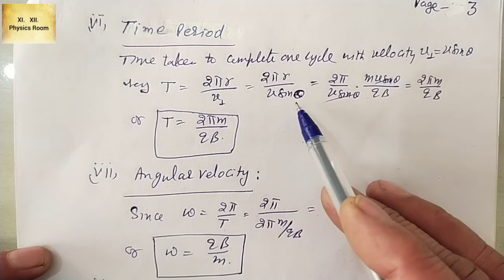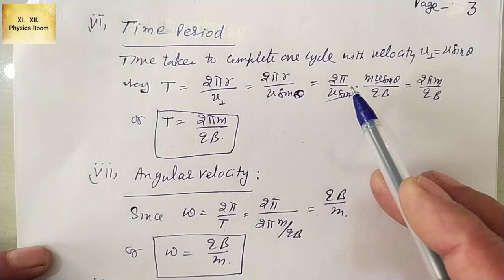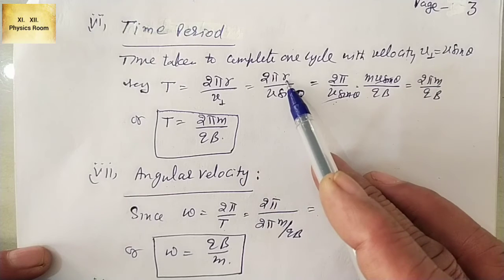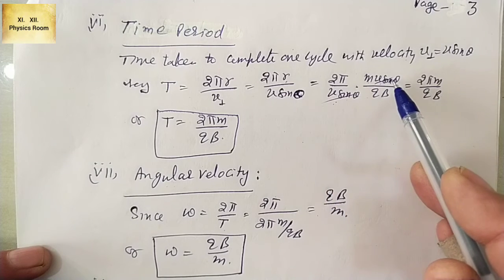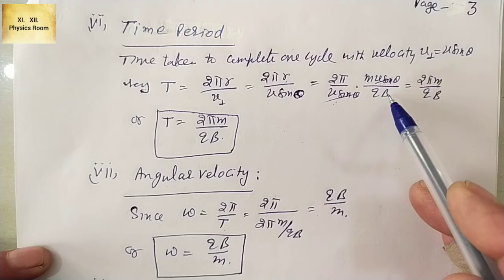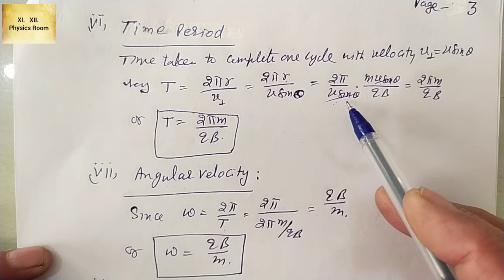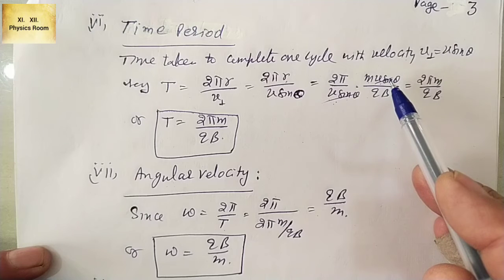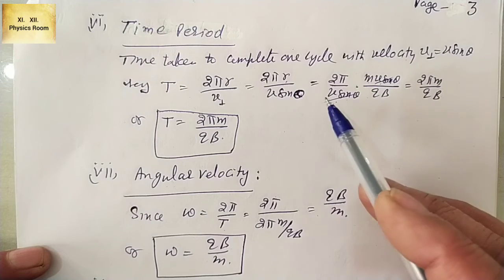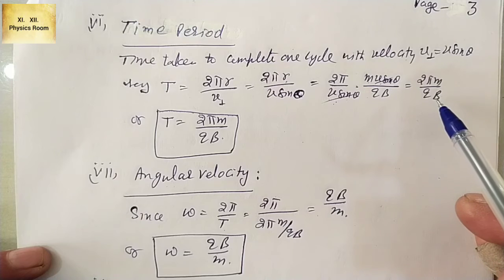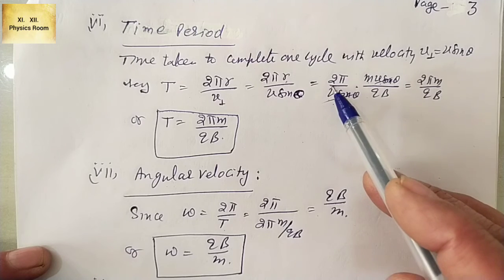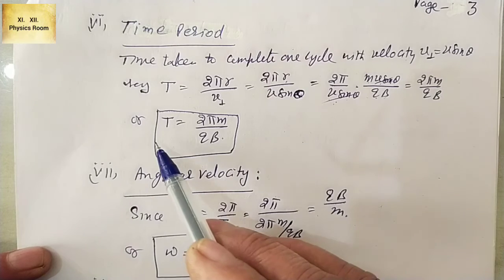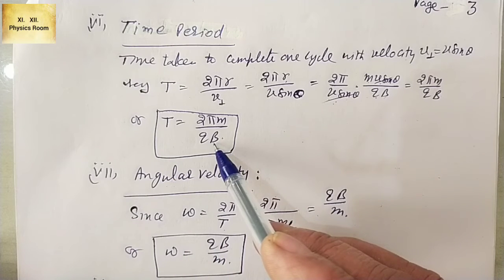So 2 pi r by v sin theta, and we substitute the value of r as m v sin theta by q B. So sin theta cancels, v cancels, and we are left with 2 pi m by q B. So the time period is 2 pi m by q B.